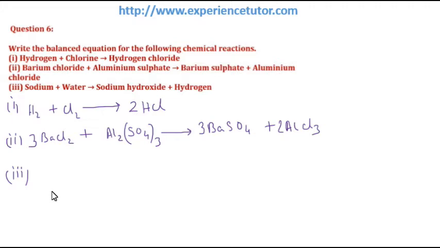Sodium plus water gives sodium hydroxide and hydrogen. Then for sodium we will write Na plus H2O will give NaOH plus H2.